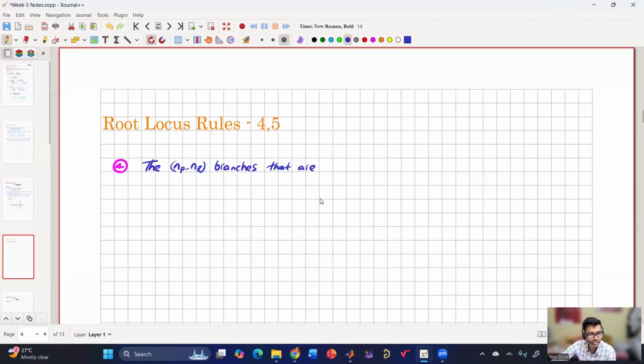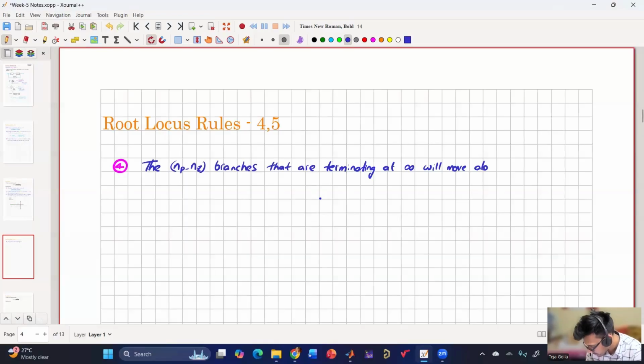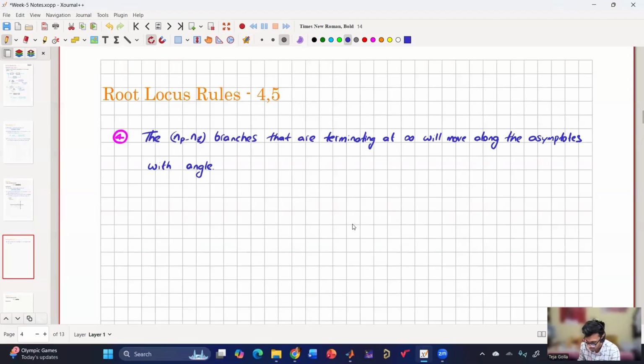So these branches that are terminating at infinite will move along the asymptotes, with an angle. So basically those that are terminating at the infinite will move along these asymptotes and they'll have an angle.